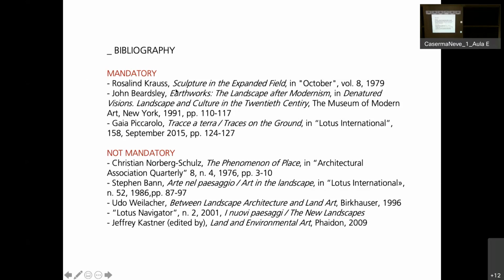And Rosalind Krauss. So guys, it's a difficult text. It's very important, but it's really challenging for everybody, not only for you, also for me. So I put it in the mandatory because I would like you to try to read it. But if you find some obstacles, it's completely normal. Really consider it completely normal to have some struggle while reading.